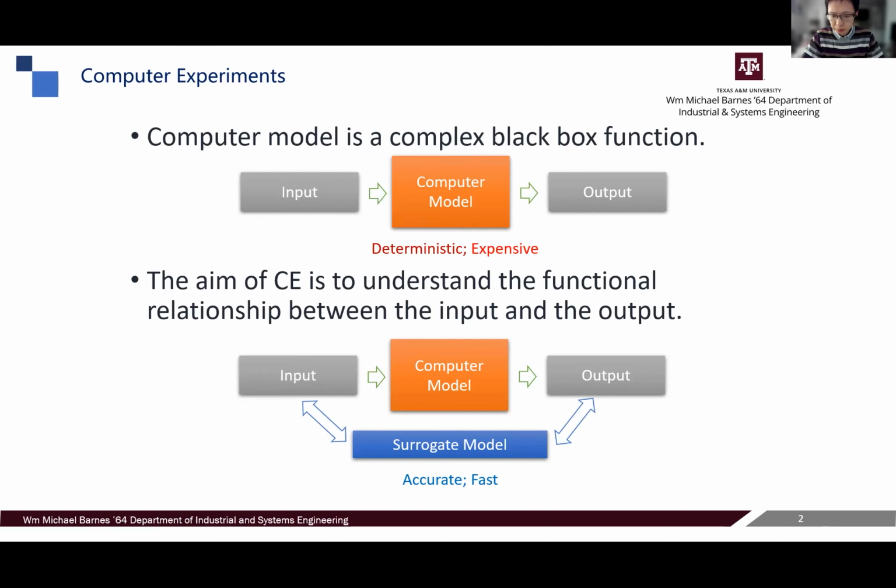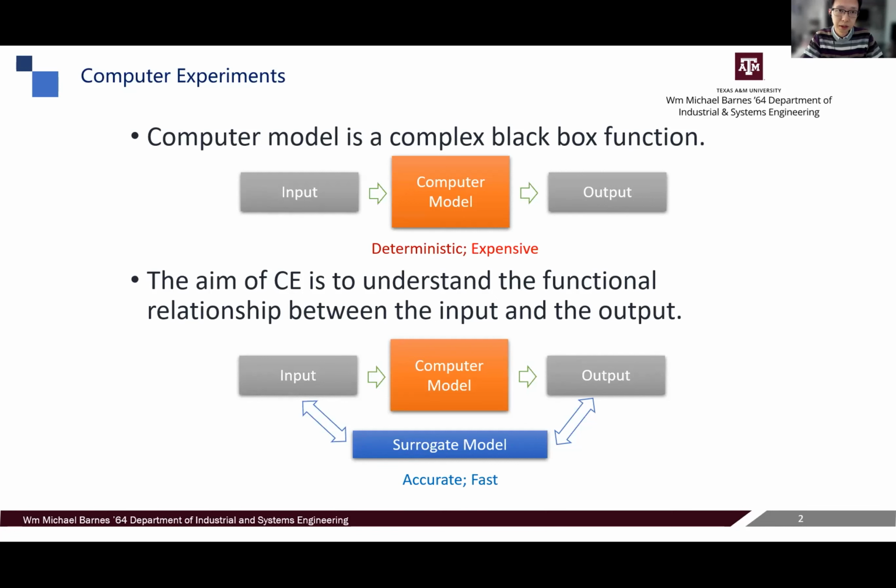Let me first talk about our view regarding computer experiments. By computer experiment, we mean computer simulation models. It could be a static model or a digital twin, which may be kind of dynamic.